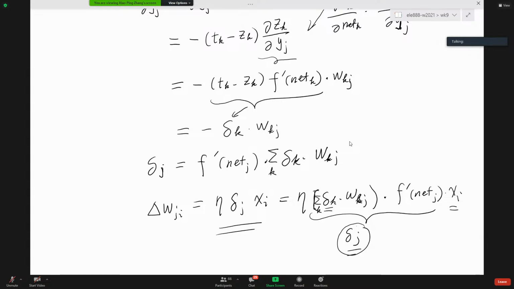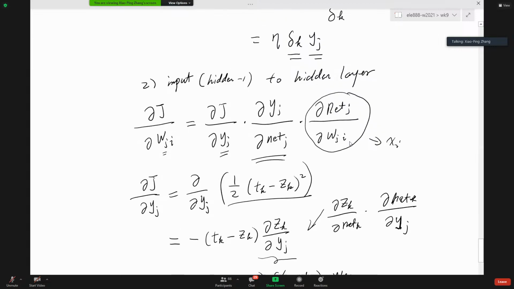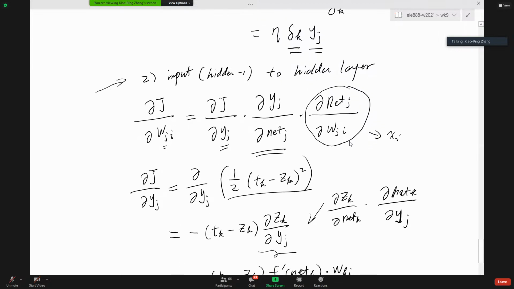Okay, so let's say this Xi is not the input, it's the previous hidden layer. Then you would redo this step 2.